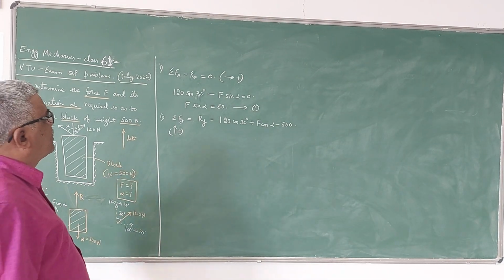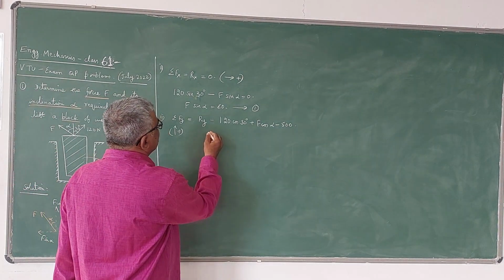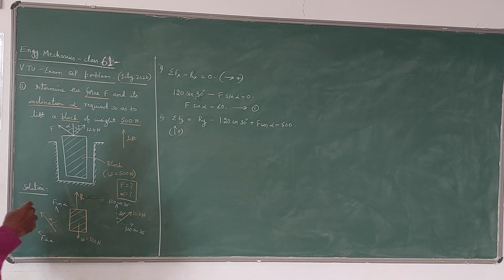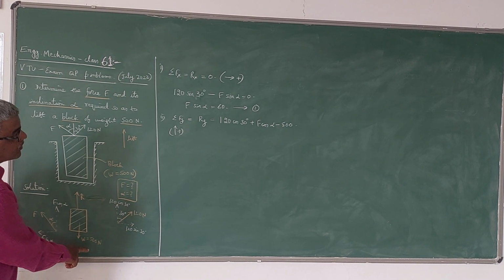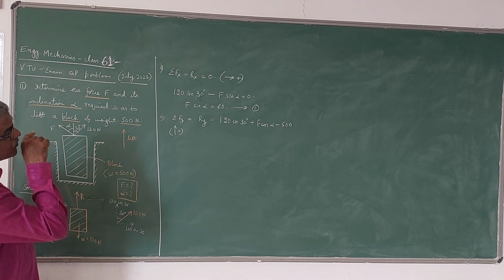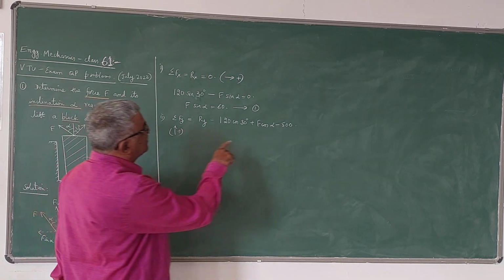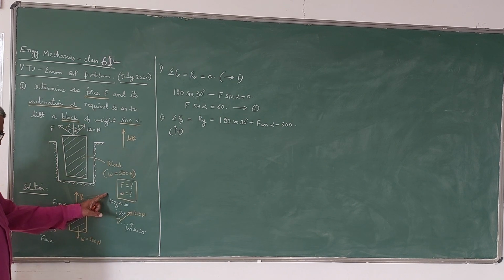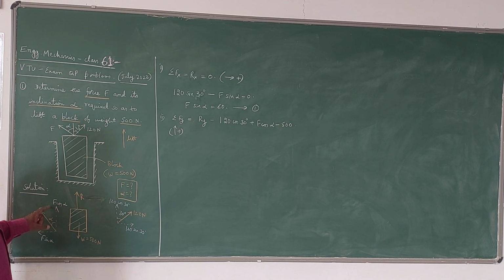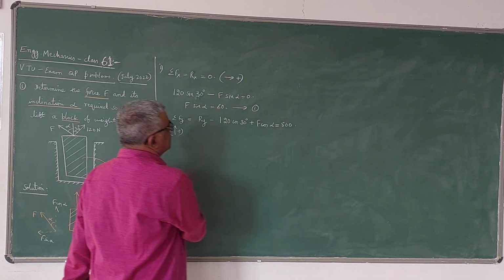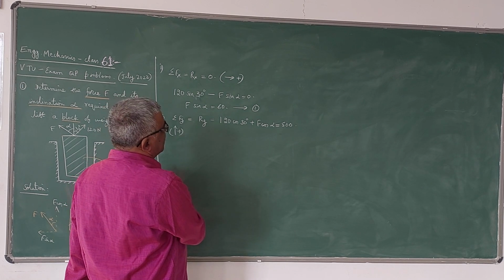Now from this, this should be equal to minus 500. So I have taken this as 120 cos 30, F cos alpha, and that should be equal to 500. So this is what we can take.